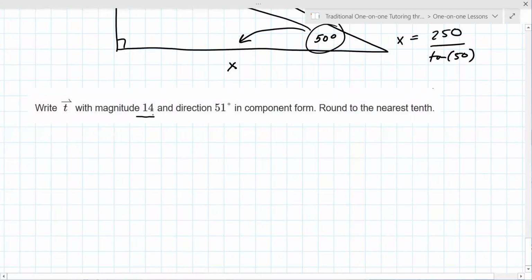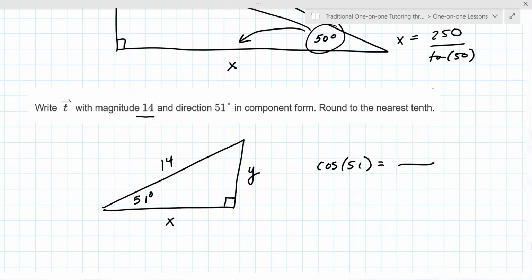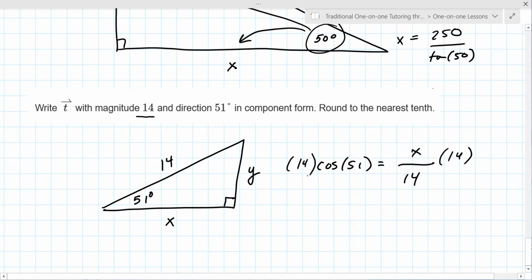It says to write these in component form. So you draw the triangle here. Here's 51 degrees, here's 14, here's x, and here's y. The cosine of 51 equals what over what? Adjacent over hypotenuse, so x over 14. To solve for x, you multiply by 14, so x equals 14 cosine 51.